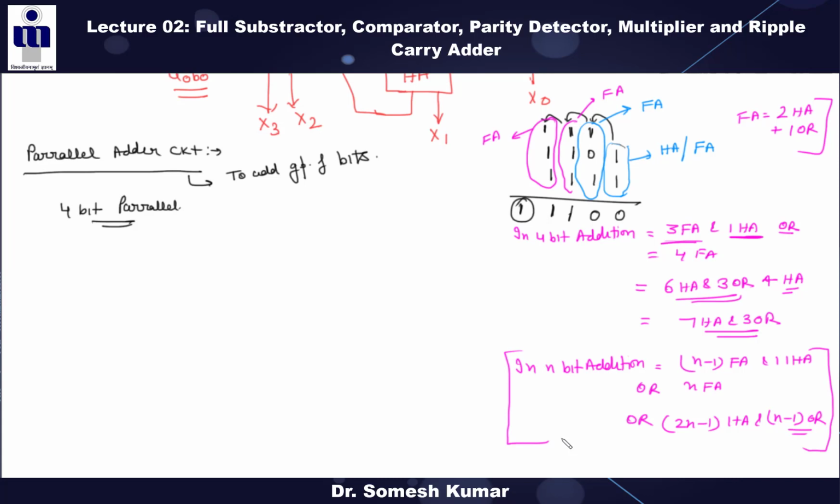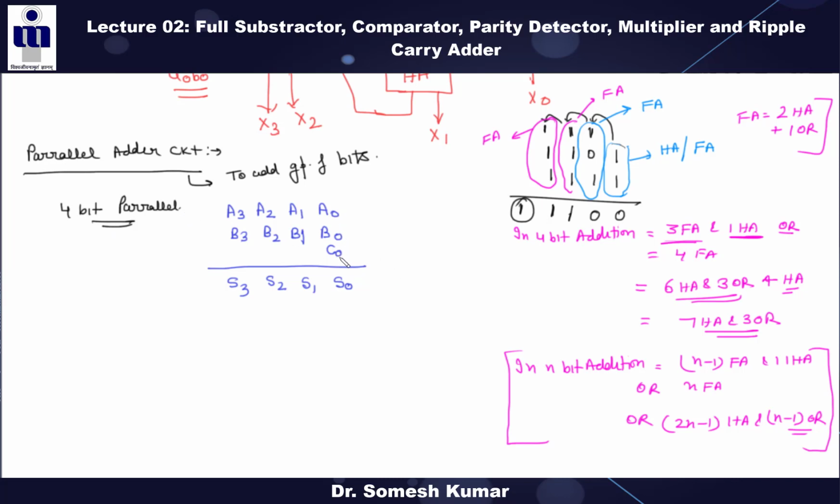right? So now we will go to the 4-bit addition. There are two 4-bit numbers, right? And I am giving S0, S1, S2, S3, and if A0, B0 is added, then there must be C0, the previous carry, because we want to make a generalized 4-bit parallel adder, right?